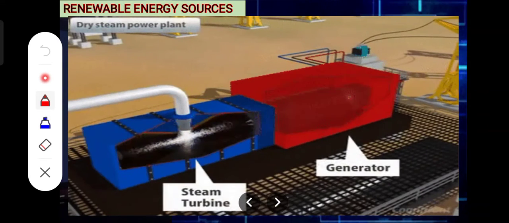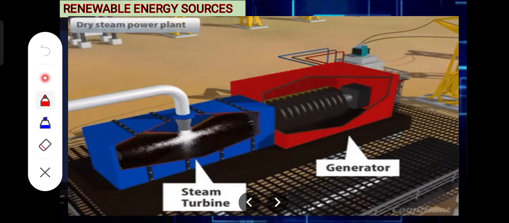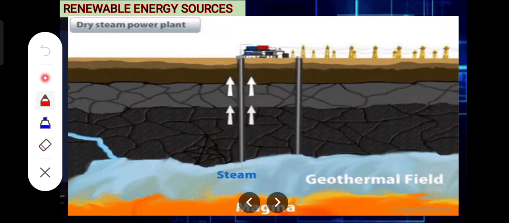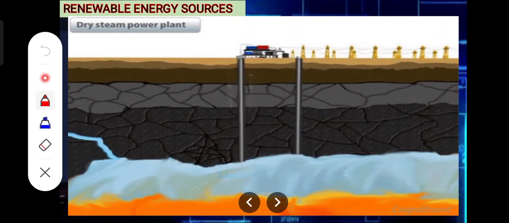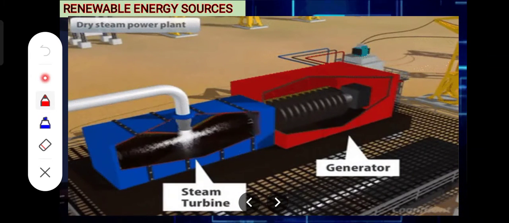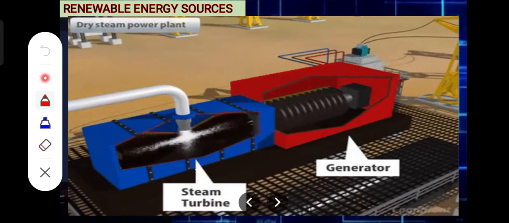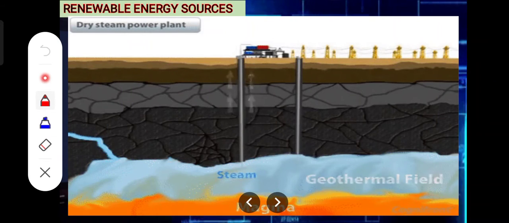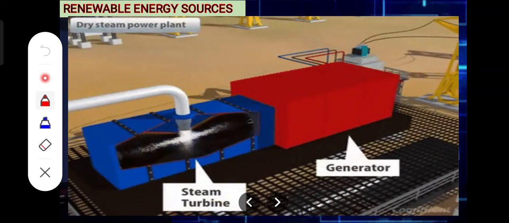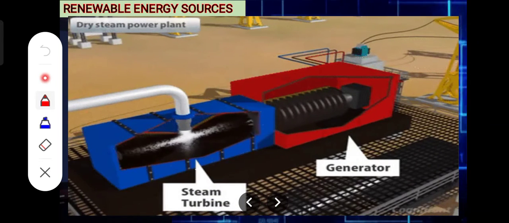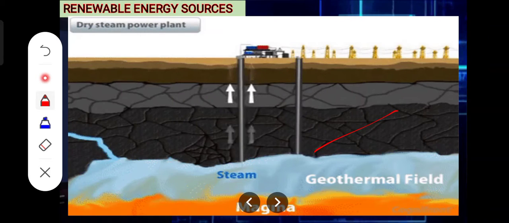So as you can see, groundwater will be heated up because of the high temperature inside the Earth's crust, and the groundwater that is heated will produce steam. Then this steam will move the turbines, and the turbines will run the generator.